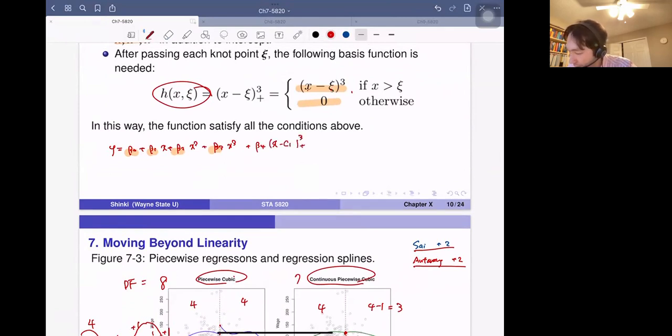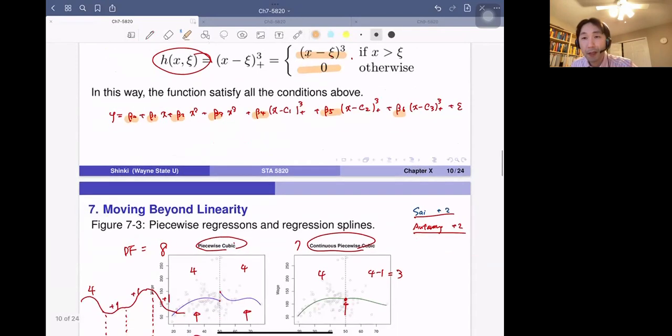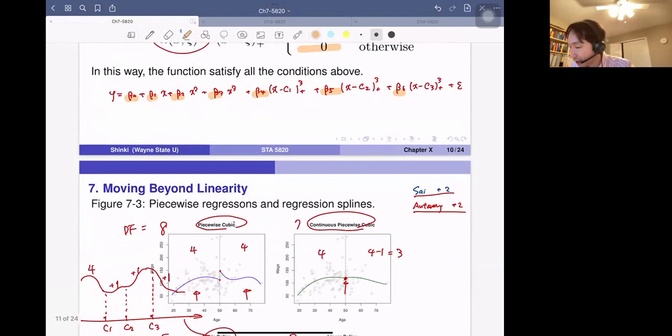This is the beta 5, and this is another basis function, and this is another one. Then epsilon, so we have 7. 4 plus 1, 2, 3, so 7. Excluding the intercept, we have 6.